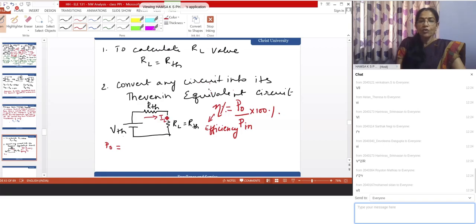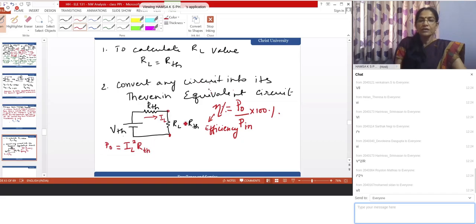Okay, so what is the output power? Output power is the power across the load resistance, right? Load is the resistance across which we are measuring the output power. So what will be the equation in terms of current? Current is IL, so this will be IL squared into RL, or in this case, RL is nothing but RTH.